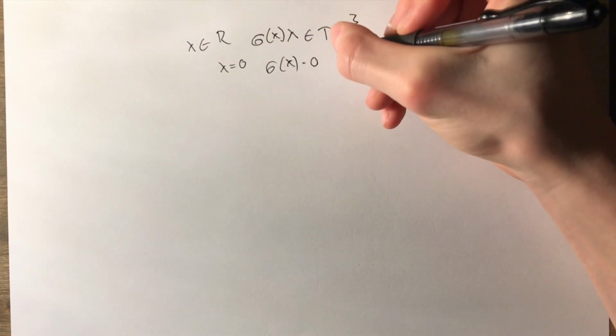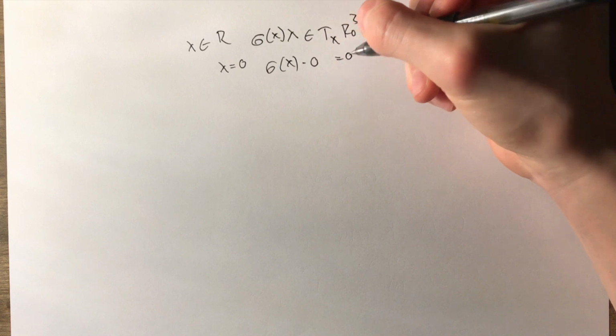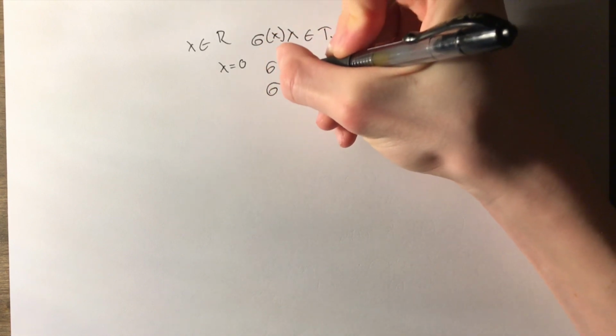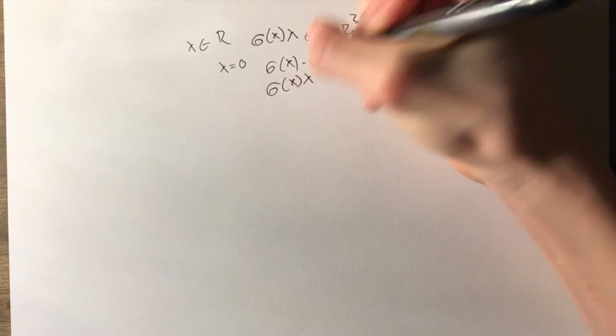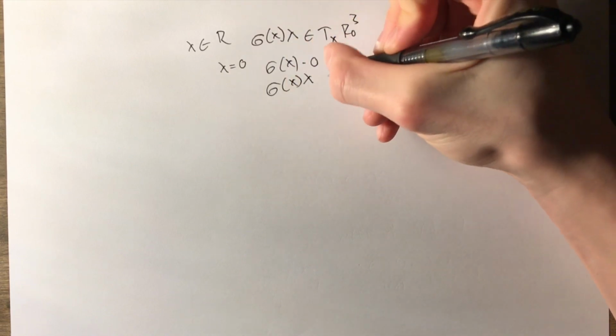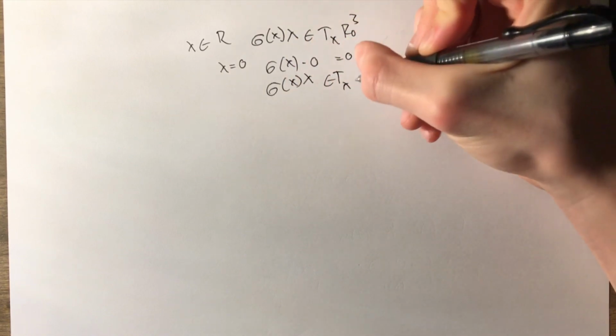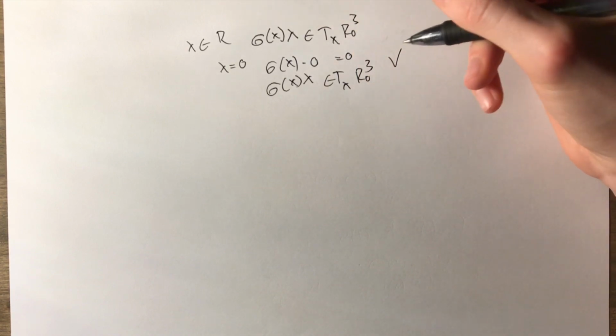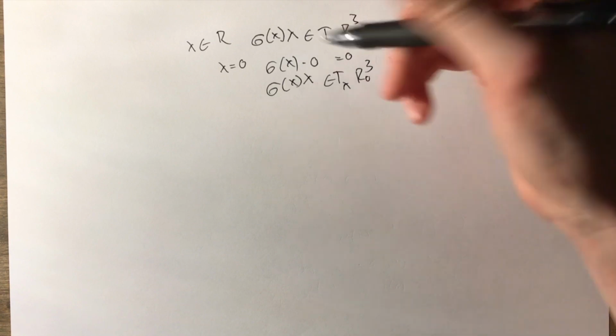Anything times 0 is equal to 0. And then according to A, sigma x times lambda is an element of the tangent space. So that holds.